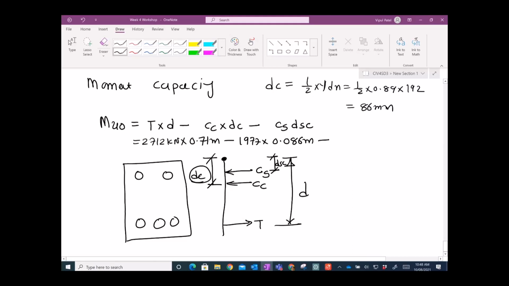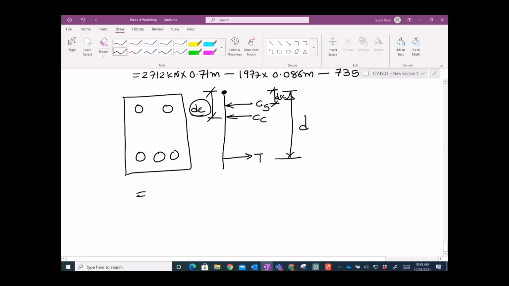Take away this stress, 735 kilonewtons, times this dsc, which was 0.062 meters. If you just work it out, you will get 1711 kilonewton meters, Muo. And if someone wants to add the capacity reduction factor, you can have 0.85 times 1711 kilonewton meters.